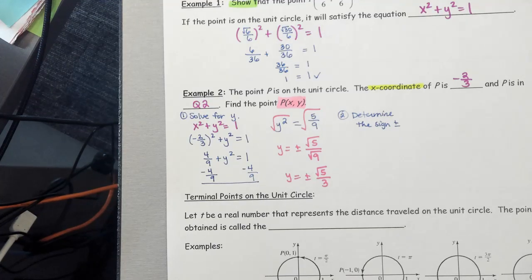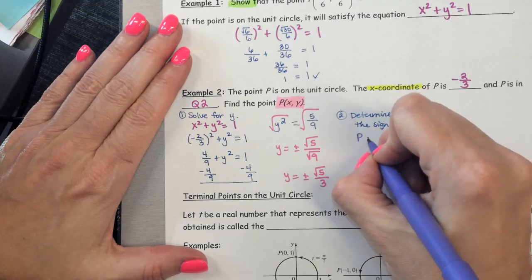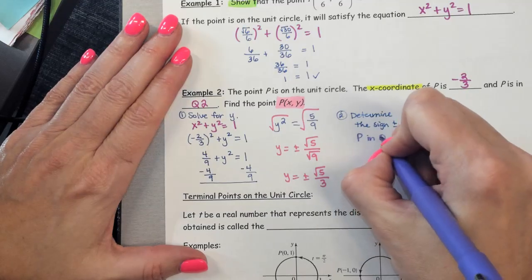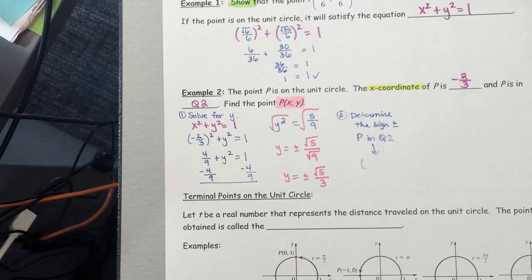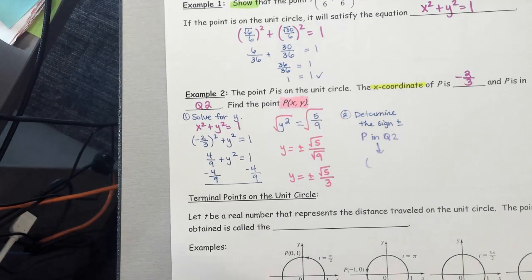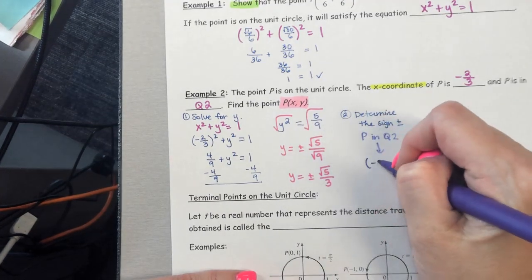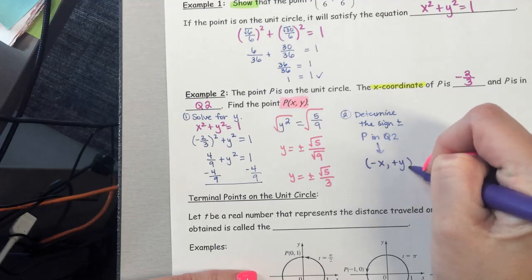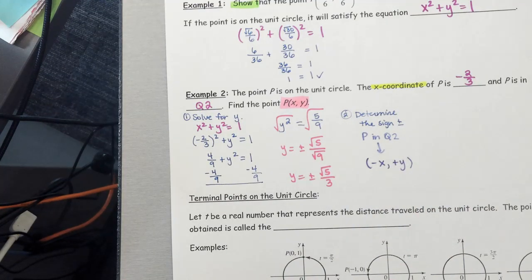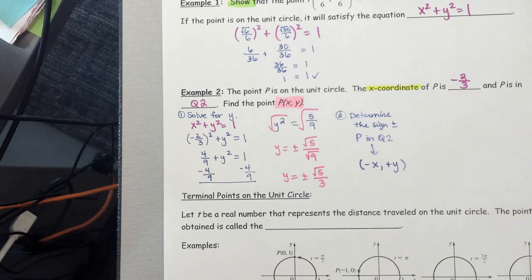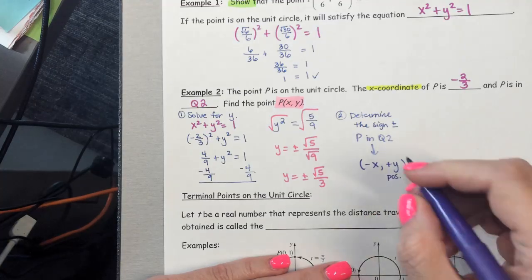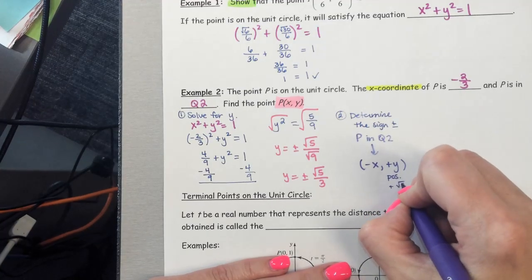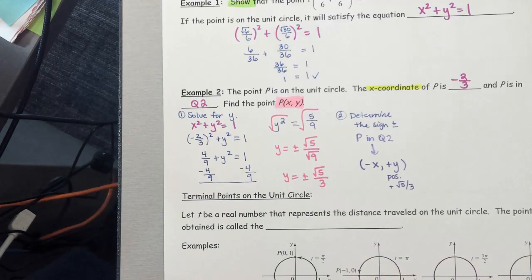Because it's a y coordinate, if P is in quadrant 2, based on what we wrote down on our unit circle and what we know about quadrant 2, the x value is negative, the y value is positive. Okay, we do already have a negative x value. Okay, so that means the y is positive. Okay, so you're going to use positive root 5 over 3.